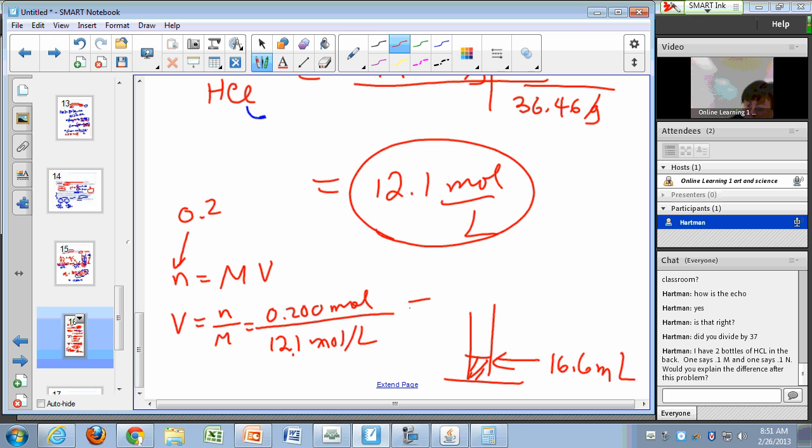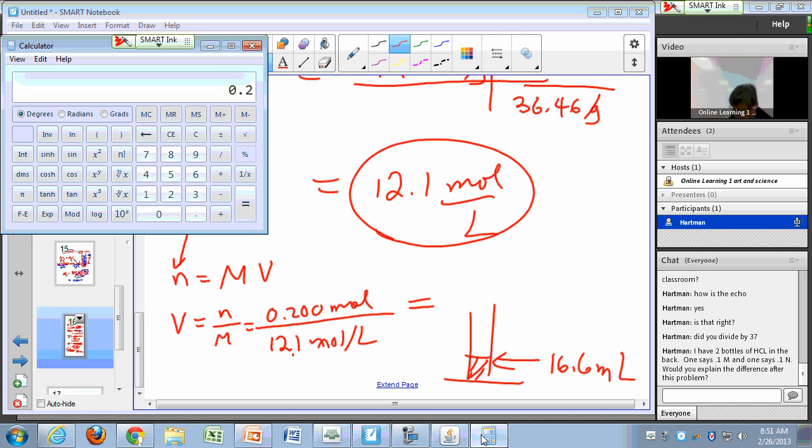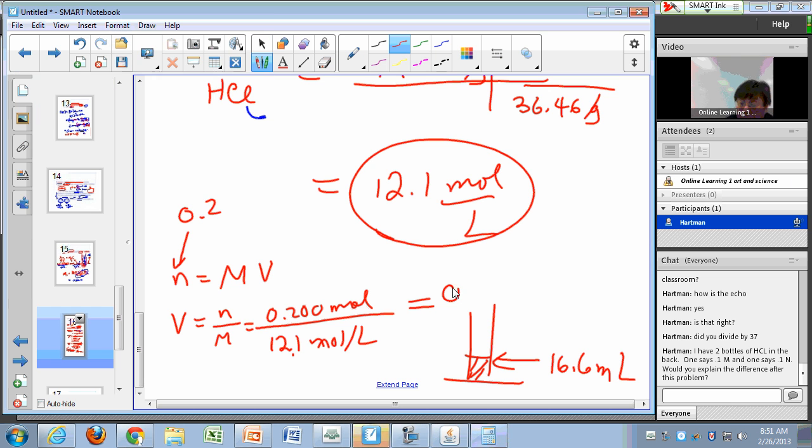And that should give me 0.2 divided by 12.1, 0.0165 liters, which is the same thing as 16.5 milliliters. Okay, there's just a little bit of a discrepancy here in the last sig fig, but that's okay.